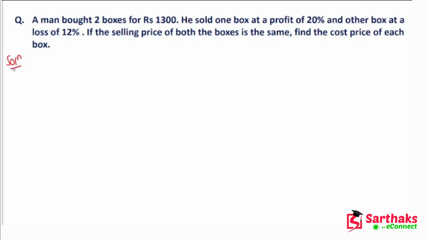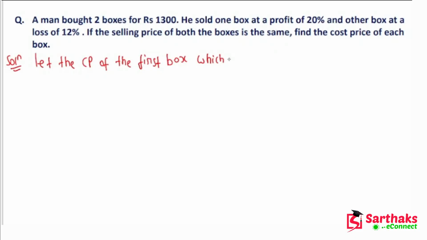Okay, so let the cost price of the first box, which was sold at a profit, okay, because you are selling one box at a profit and one box at a loss. So let us assume that the box which we are talking about, the first box, is sold at a profit. So let us assume its cost price.